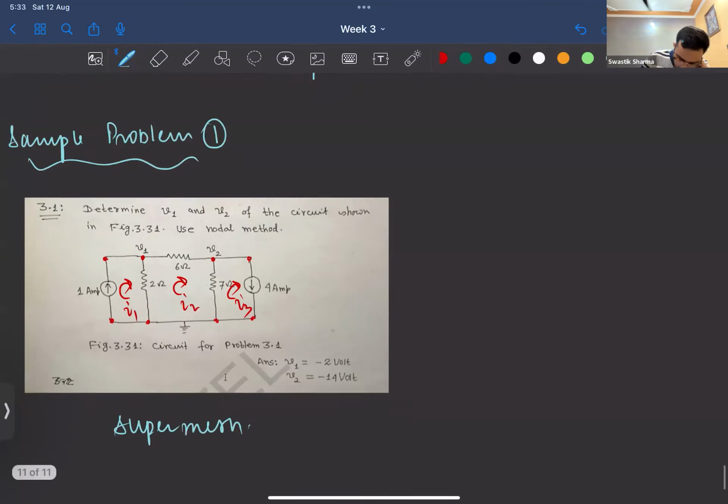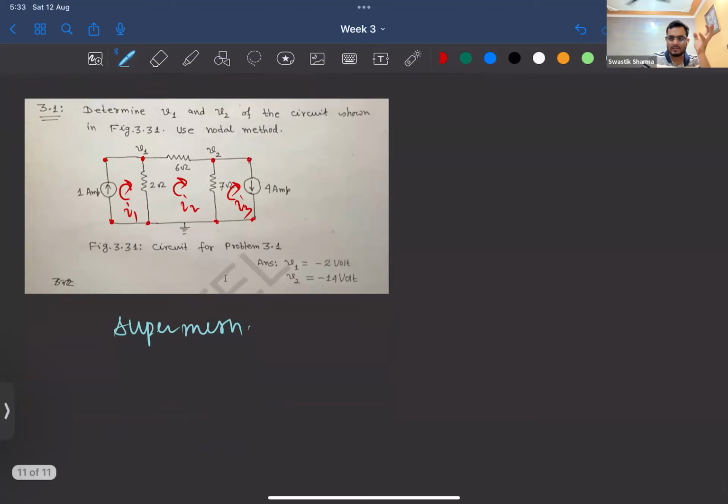Now for the super mesh, we have a current source connected directly as a branch. Here, this is one current source and this is the second current source, right? So that means we can directly call this I1 as what?